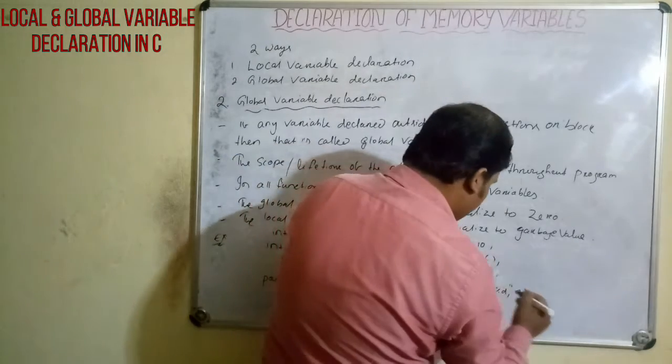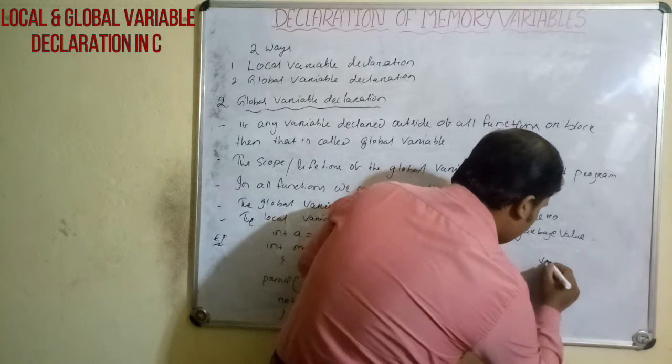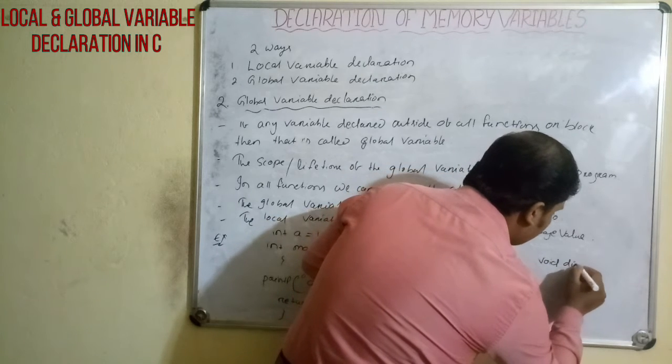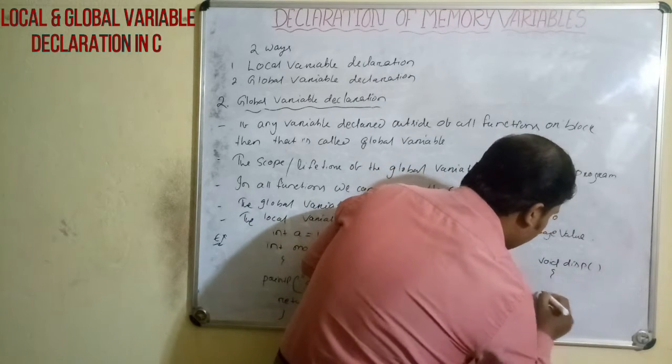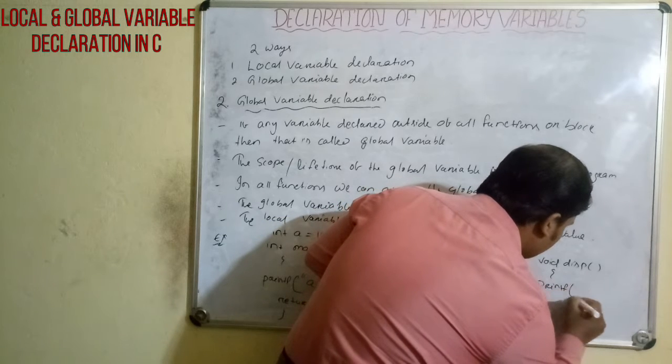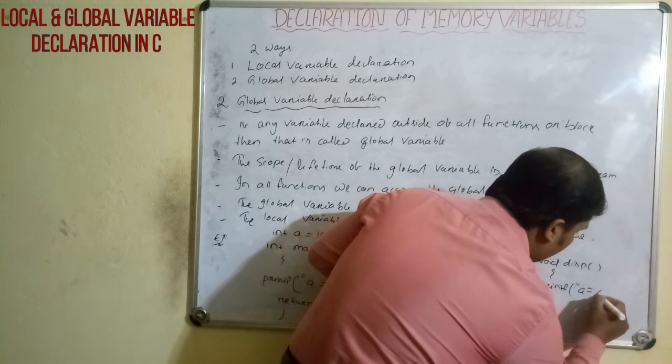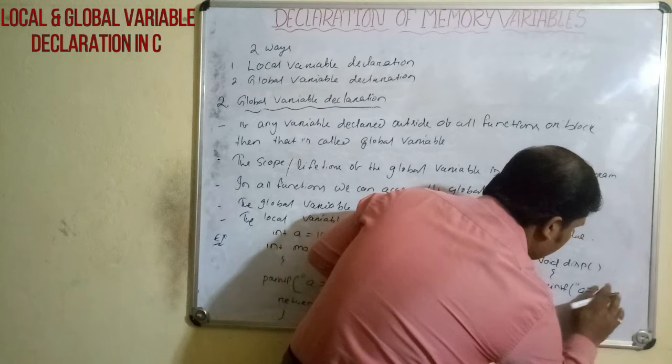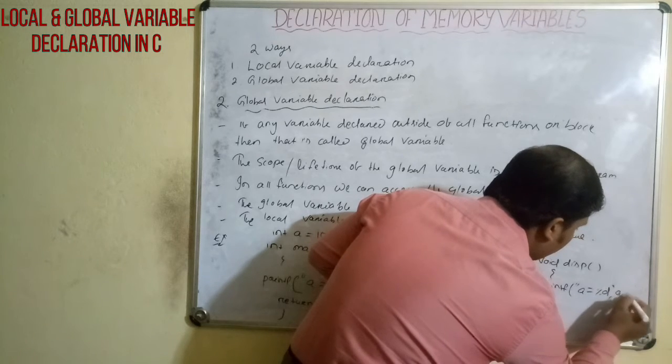And outside main I am defining this display function, void display, and inside display I am also printing a equal to percentile d, then comma a.